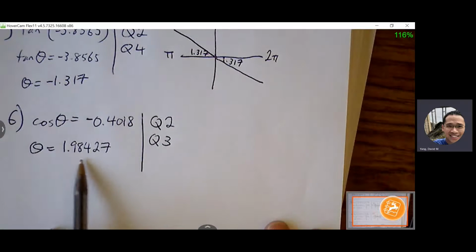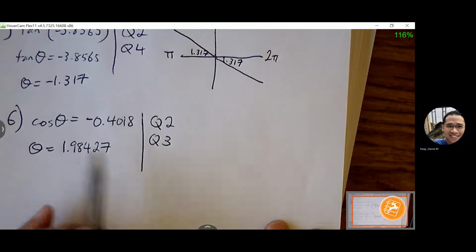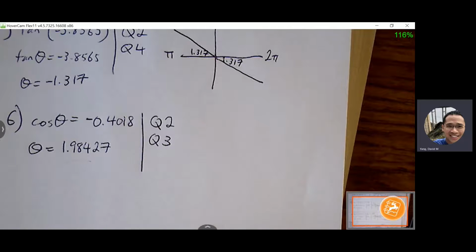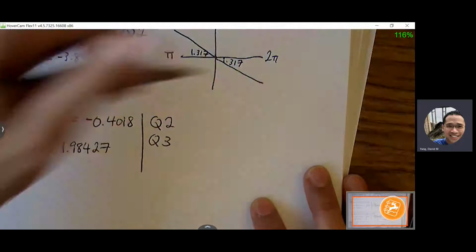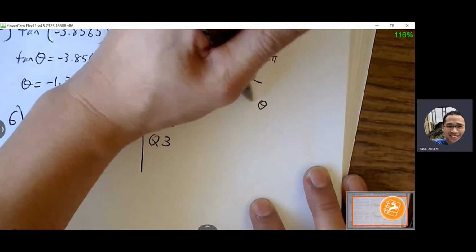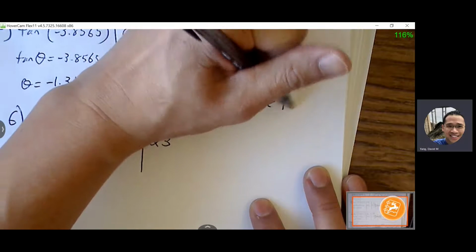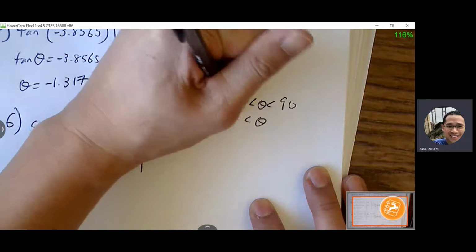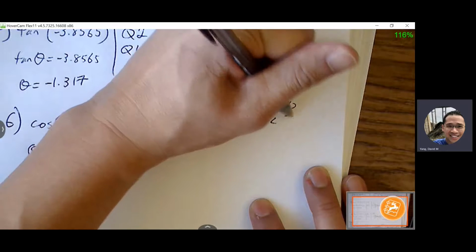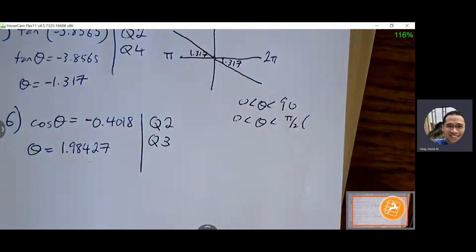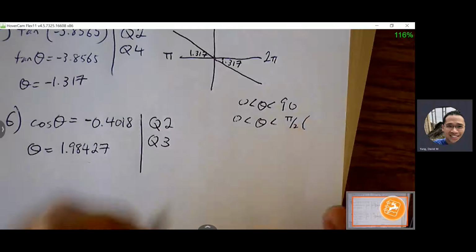Okay, so I know this doesn't look recognizable because we know reference angle is between 0 and 90 degrees, right? But for radians, it's between 0 and pi over 2. And pi over 2 is 1.57.